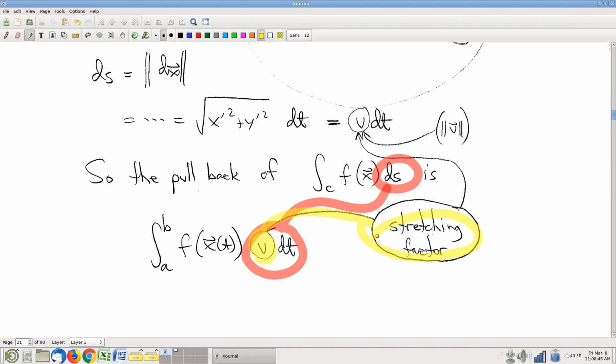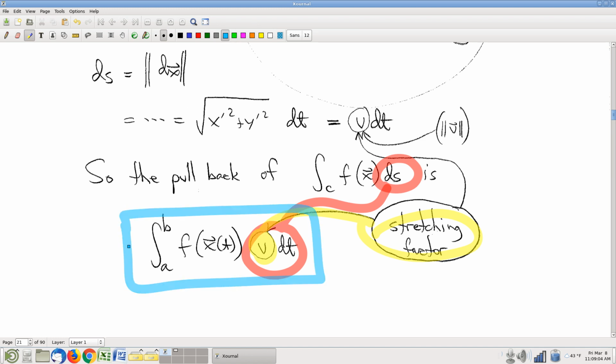What do you multiply by dt to get ds? Speed. So there's our stretching factor, and for doing line integrals, that's our new stretching factor. And then you pull back and notice that we have a single variable integral. This is a Math 111L single variable integral from a to b, plug and chug.